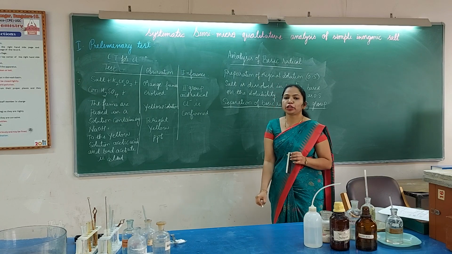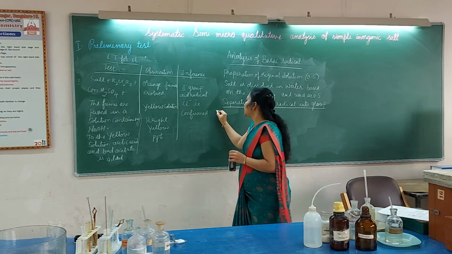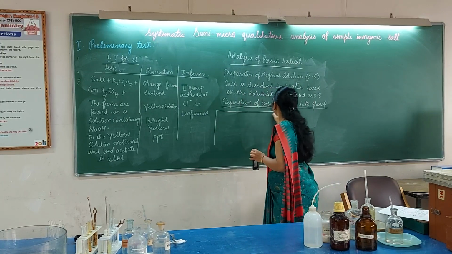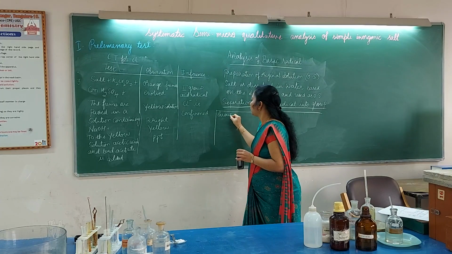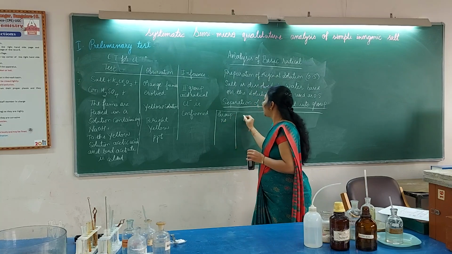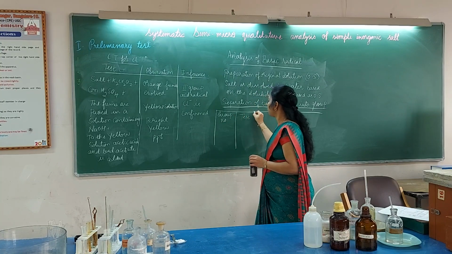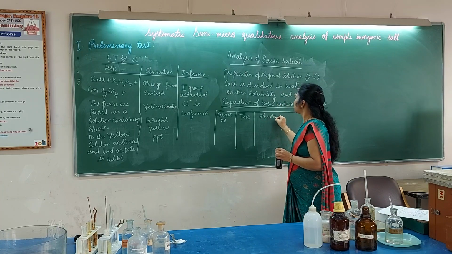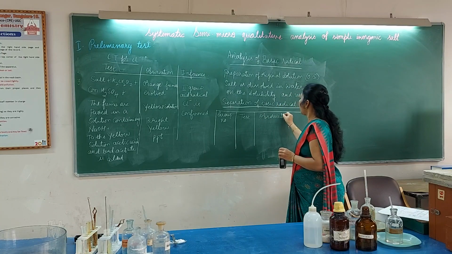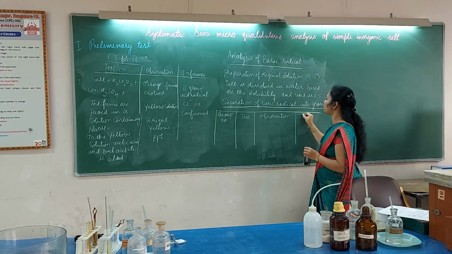So first, I have already told group 0. So make a column. This will be group number. Next comes the test. Next comes the observation. And then the inference.